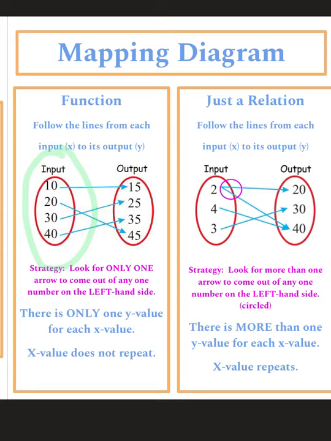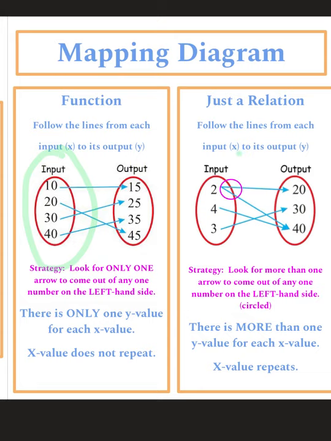Now, notice the line. There's only one line coming out of the 10. There's only one line coming out of the 20, one line out of the 30, one line out of the 40. So when there's only one line coming out of each x value and there's no x values repeating, then that means it's a function.